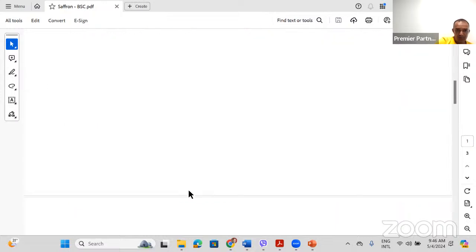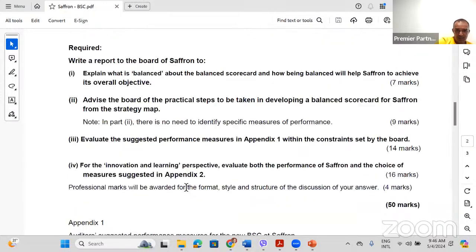Now let me go back to the question. Now look at this. Look at the requirement 2. Advise the board of the practical step to be taken in developing a balance scorecard for Saffron from the strategy map. But before that, we need to answer this question. Let's see if we have anything there.